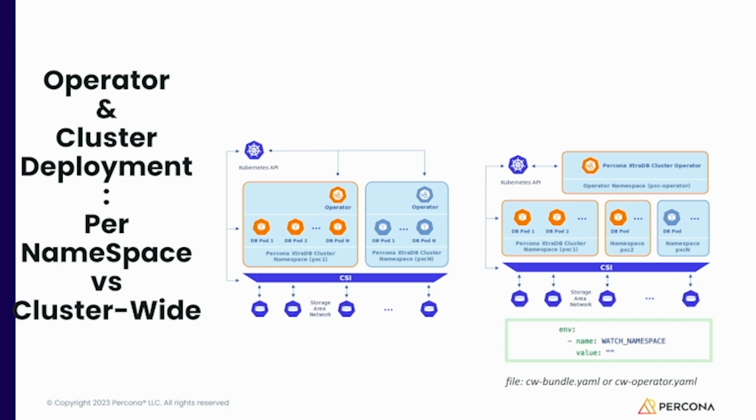So let me start with the right one, one operator to rule them all. That can be done basically by having a huge file with a comma-separated list of all the namespaces that will be on the deploy. That will be a huge file, likely difficult to maintain, and mixing things, in my opinion, can be difficult.